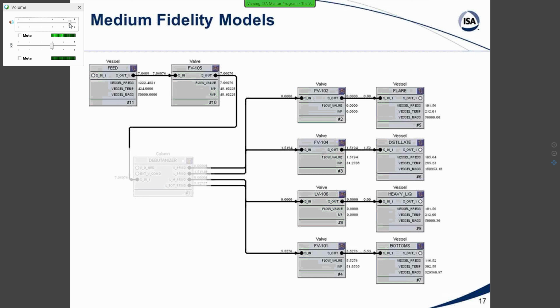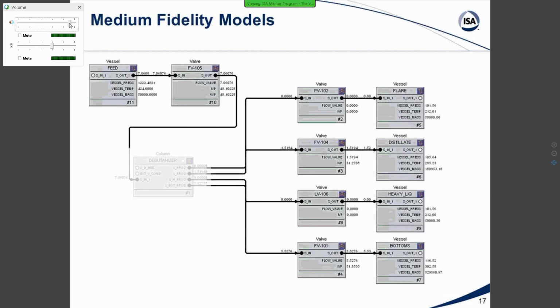And these thick lines are thicker because they contain more information. Each one of these streams, as we call them, includes everything from mass flow to temperature, pressure, viscosity, composition. All of this information is passed block to block like it is in the true process. So this is how we can have flow from one vessel and take into account all the valves and their open percents and that impact in a pressure flow network to get flow between the different vessels.